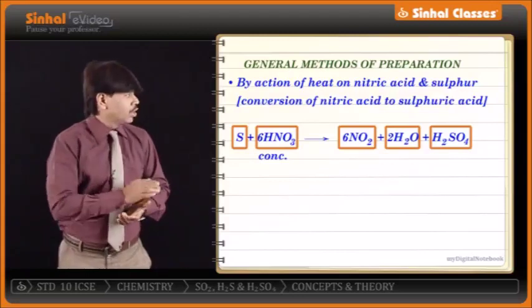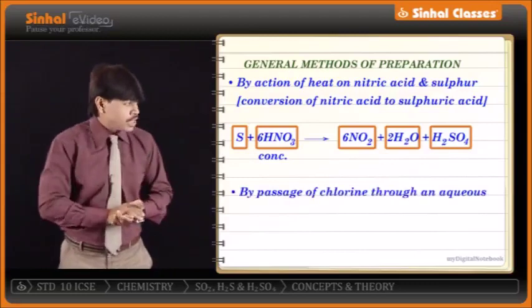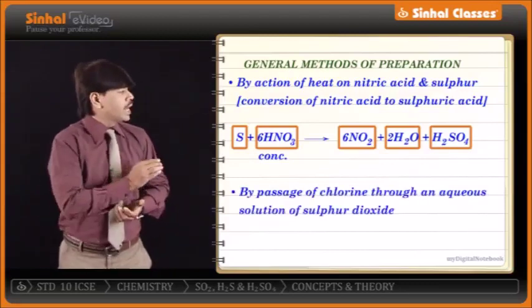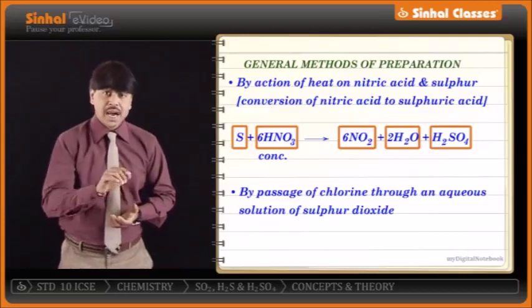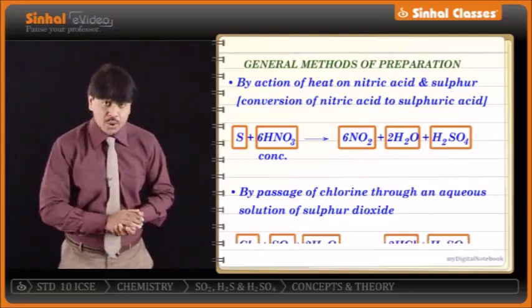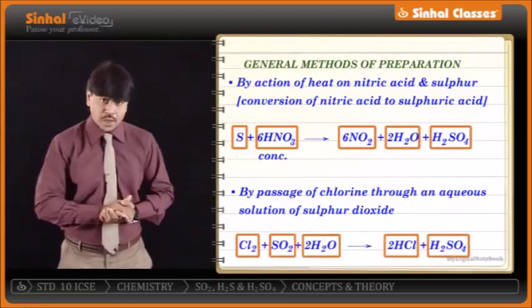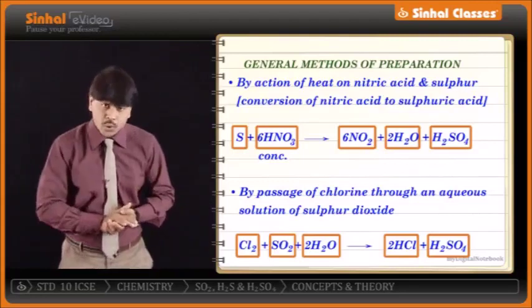Not only that, you can also prepare sulfuric acid by passage of chlorine through an aqueous solution of sulfur dioxide. The reaction for which will be Cl2 plus SO2 plus 2H2O gives 2HCl plus H2SO4.